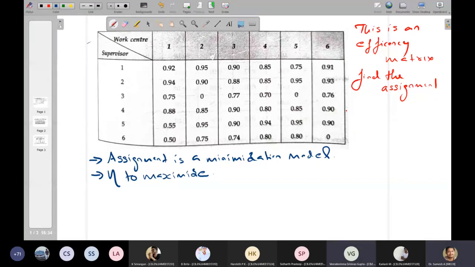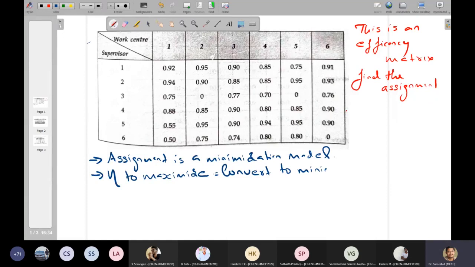So efficiency is to be maximized. So what you have to do? Convert this into a minimization model. So how to convert?